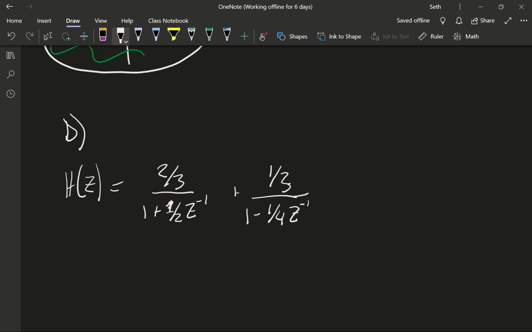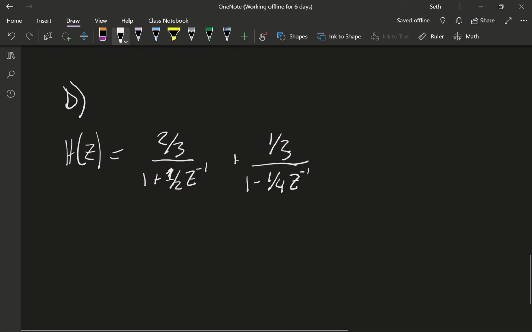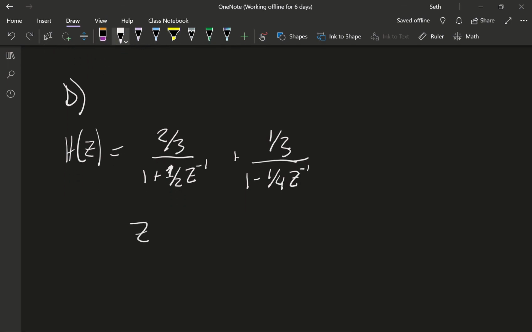In each of these cases, our poles aren't changing, just our region of convergence. So if it's a left-sided signal, the region of convergence is going to be less than 1/4.